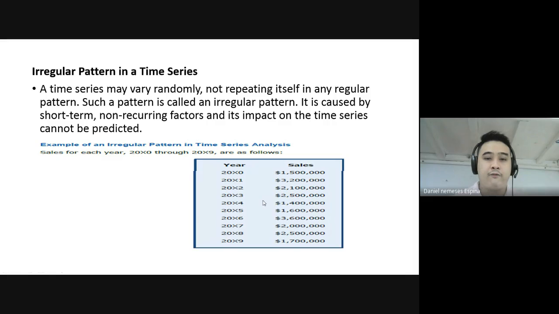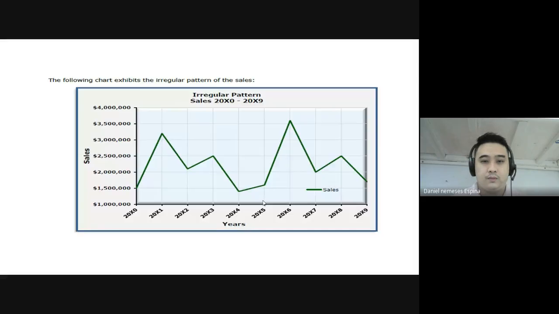So what does an irregular pattern look like in a graph? Obviously, with an irregular pattern, we cannot use the regression.